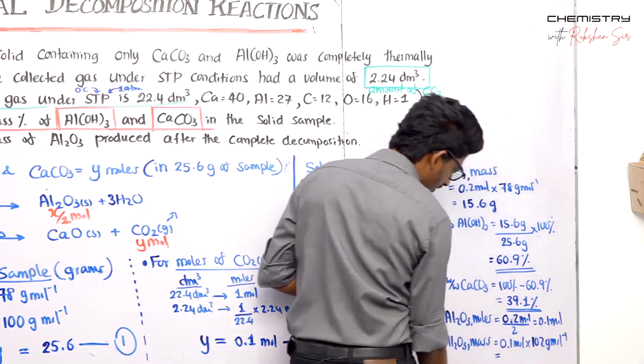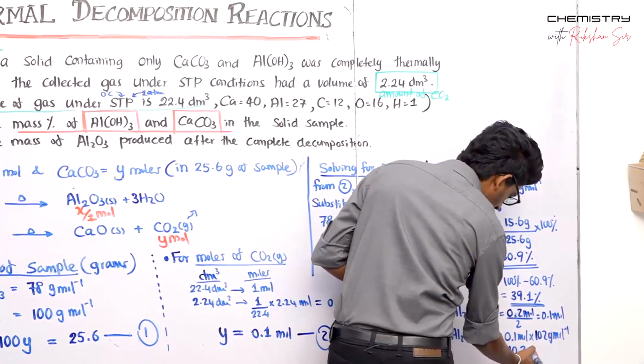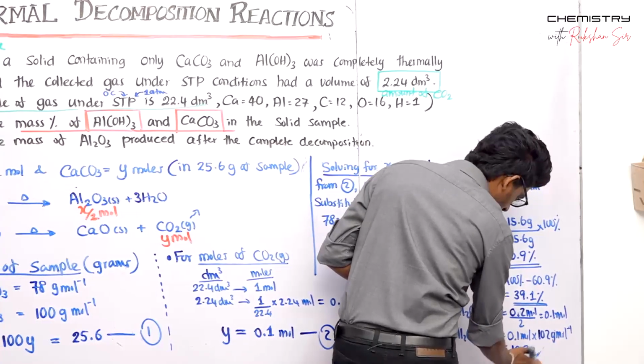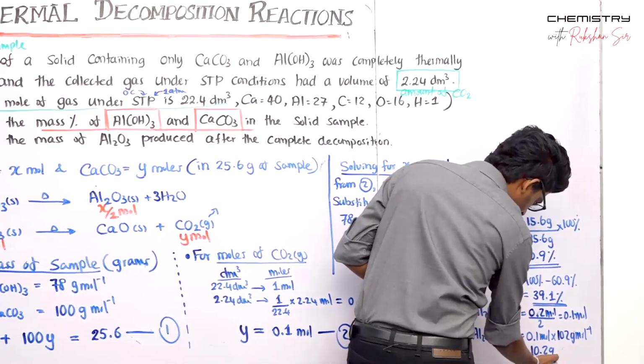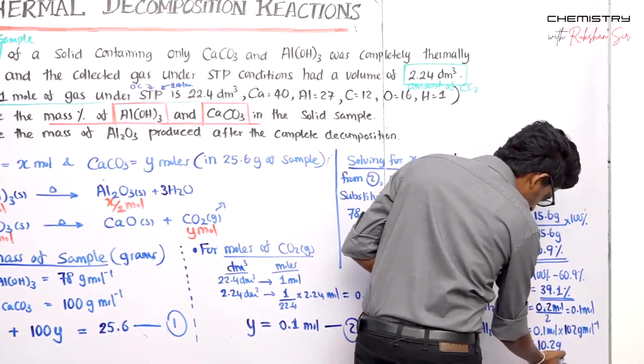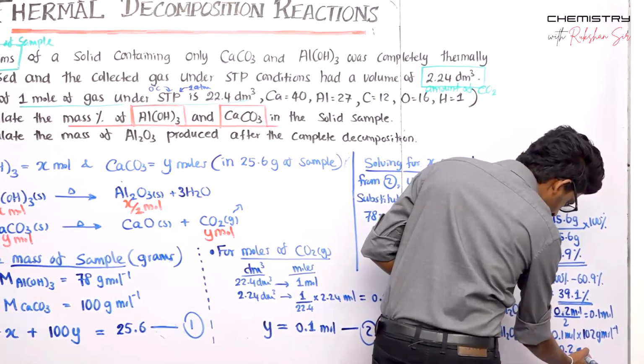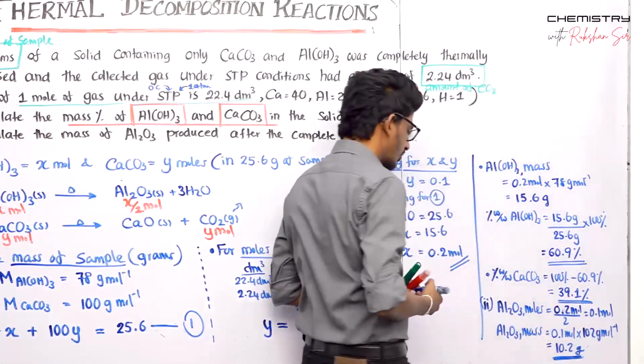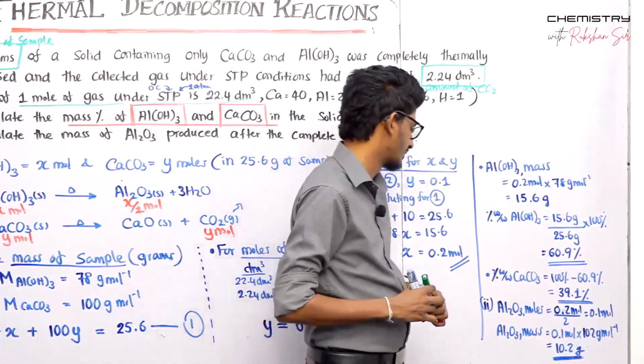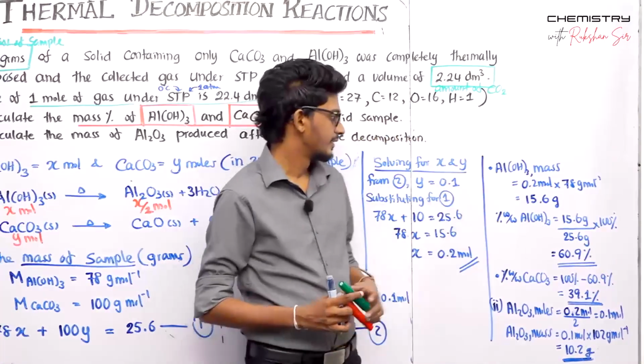So that value is going to be 10.2 grams. That is the value for the aluminum oxide mass. Just complete the question now.